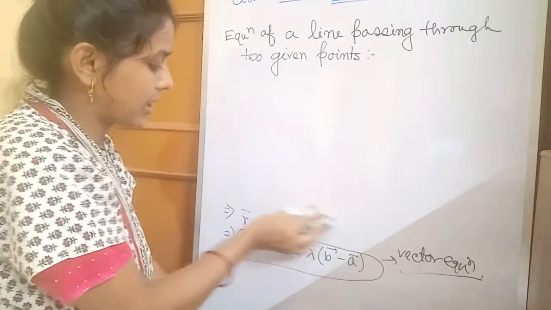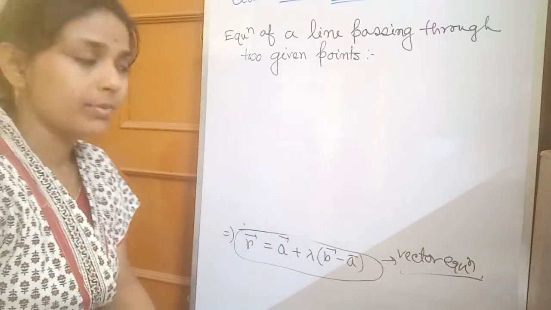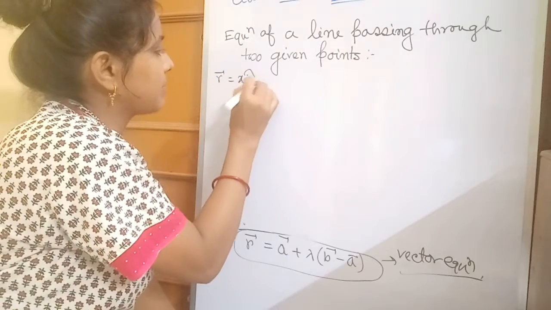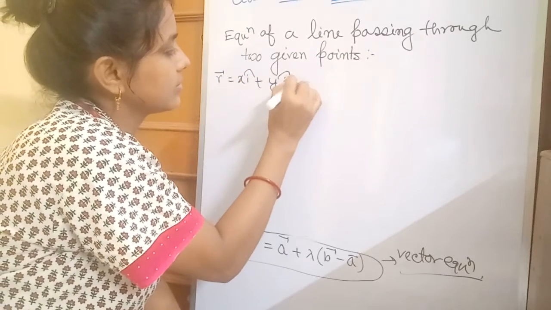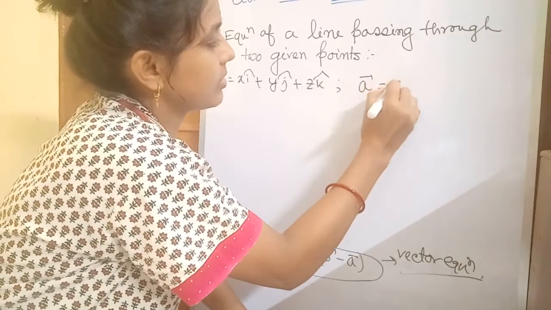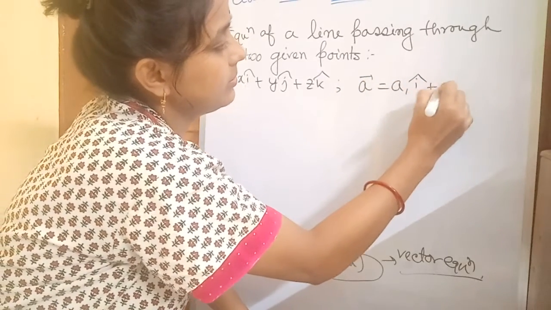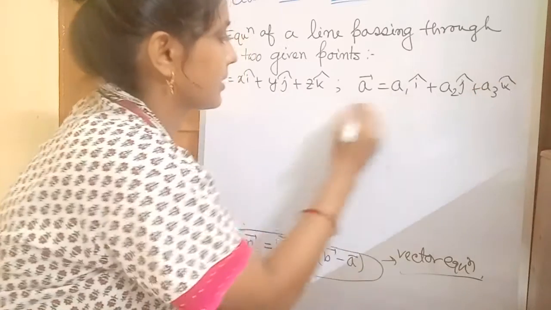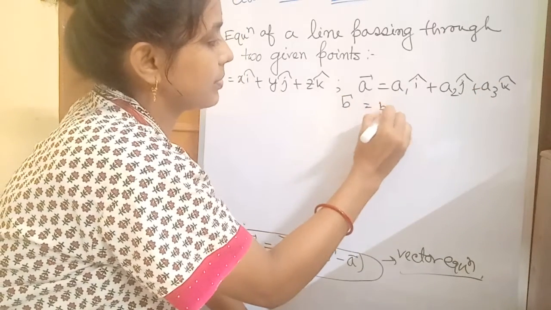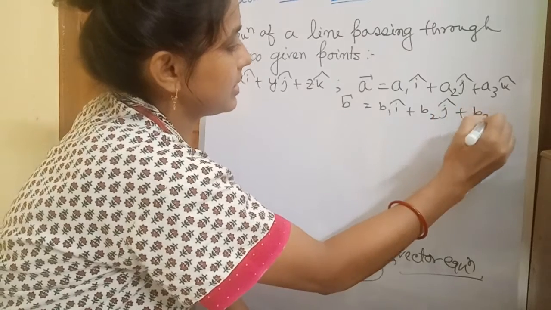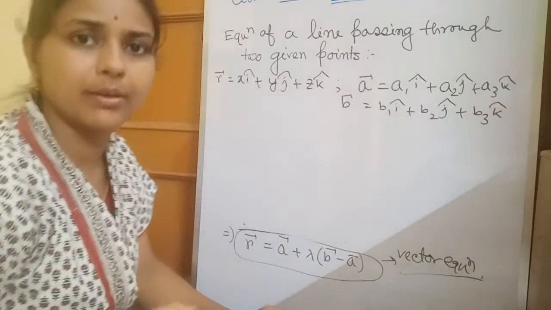Cartesian equation, again like previous, we will be taking r vector as x i hat plus y j hat plus z k hat. A vector is equal to a1 i plus a2 j plus a3 k. B vector equals b1 i plus b2 j plus b3 k. Okay.